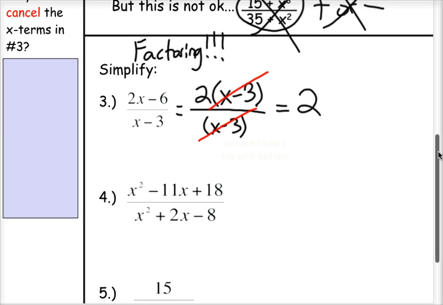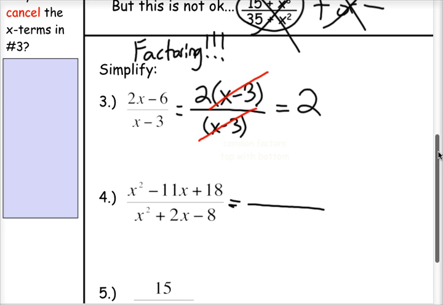And all I end up being left with is 2. So again, that's the key to these. You have to factor, then cancel those parentheses. All right? So number 4, again, our magical word, the word you just can't get enough of, factoring.